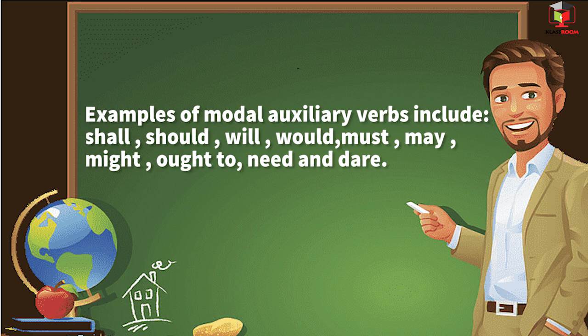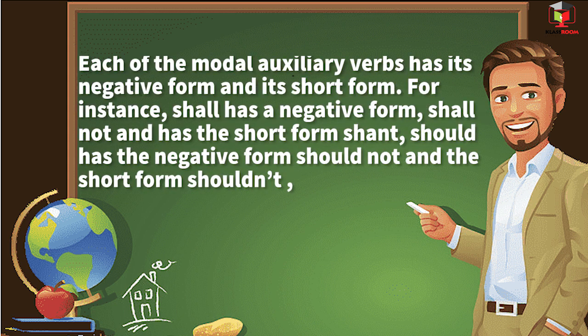Examples of modal auxiliary verbs include shall, should, will, would, must, may, might, ought to, need, and dare. Each of the modal auxiliary verbs has its negative form and its short form.